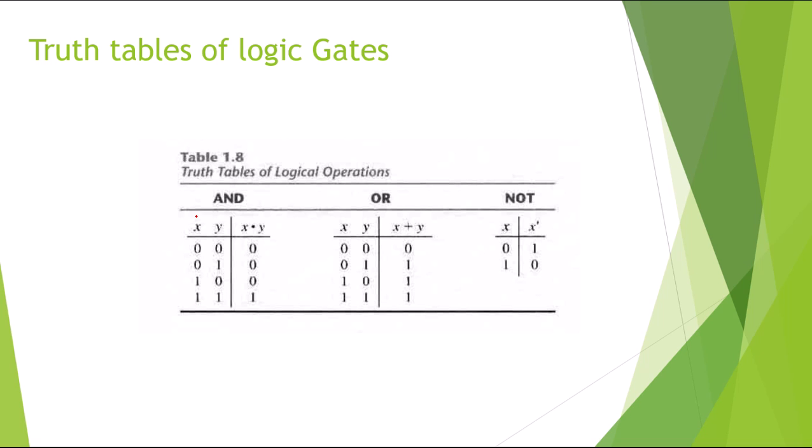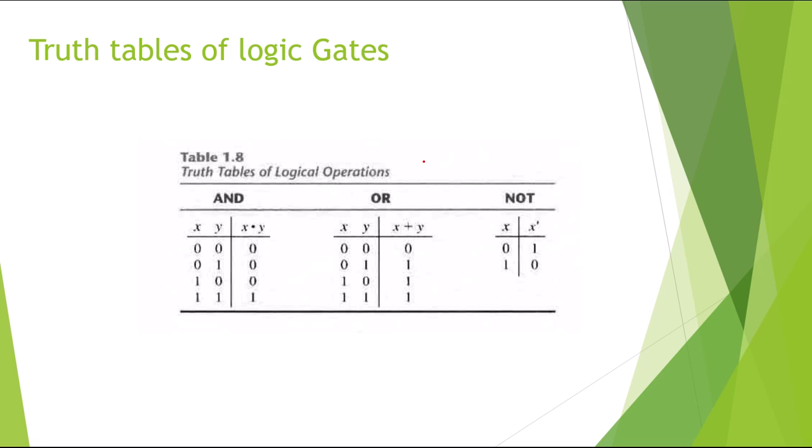So in a truth table we give all the combinations for our two inputs and see what the outputs are. Both of them can be 0, any one of them can be 0 and the other 1, and lastly both of them are 1. If both of them are 0, the output will be 0. If any one of them is 0, the output will again be 0, and if both of them are 1, then our output will be 1.